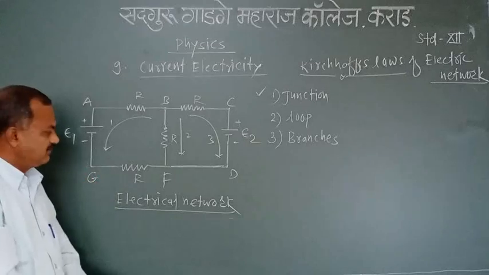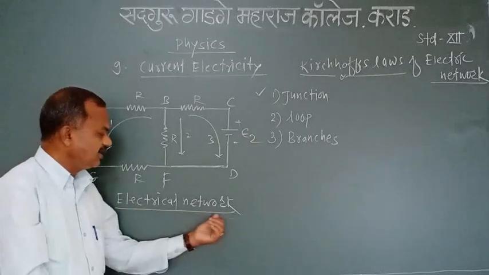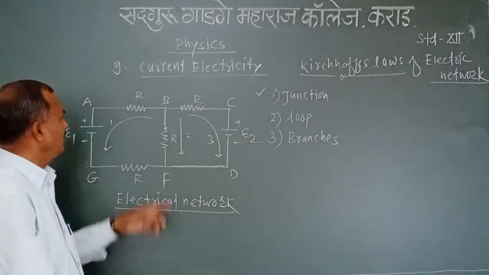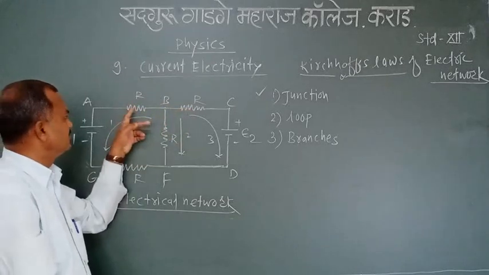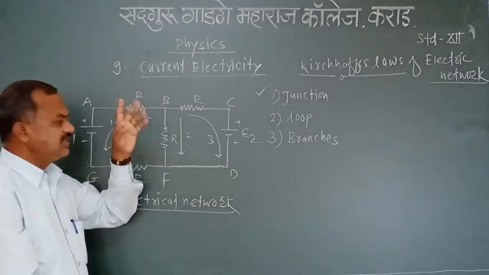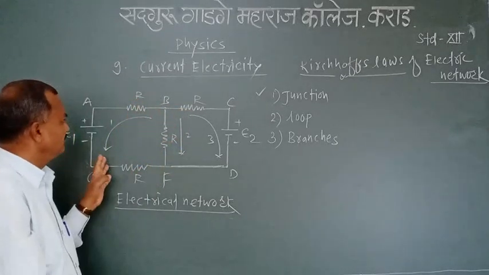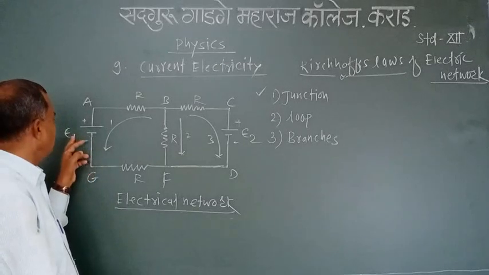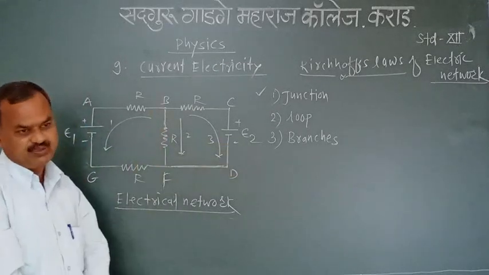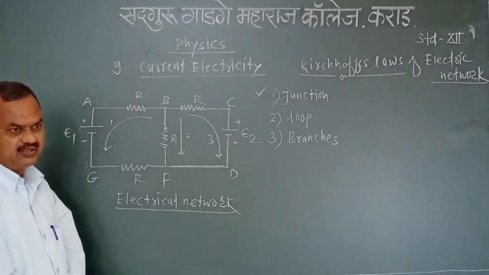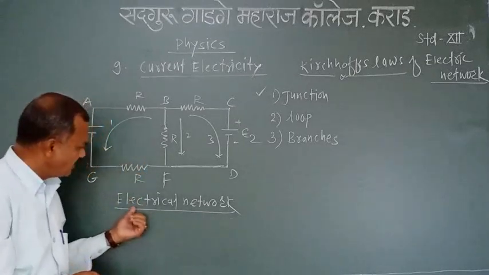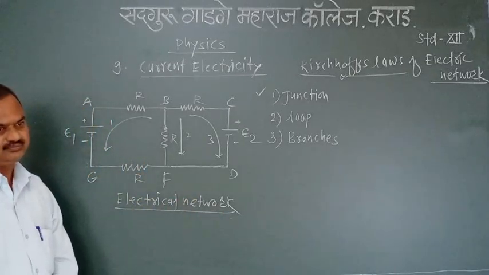Here is the figure showing the electrical network having a number of resistances. 4 resistances are connected as well as 2 sources of EMF.